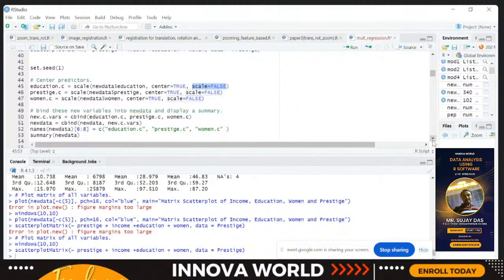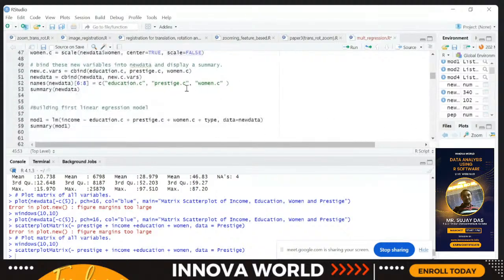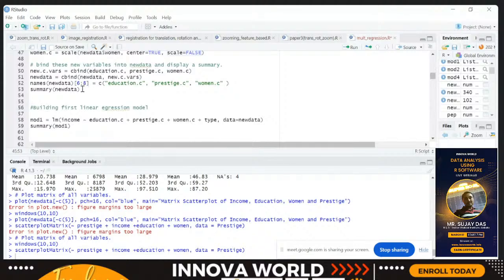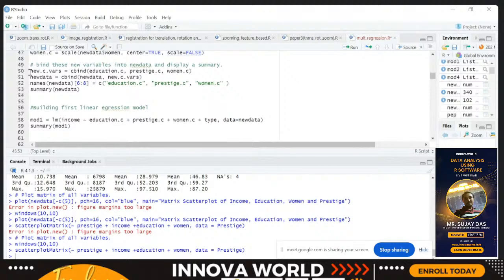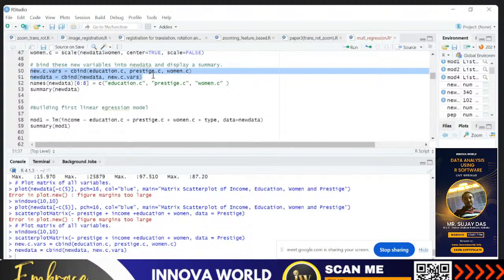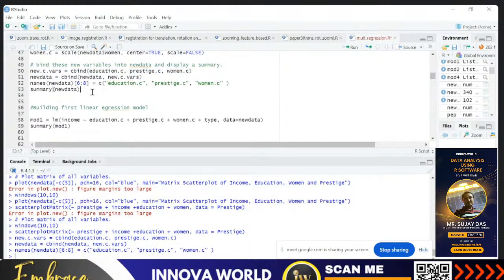Okay, so here also we have done something. We have bound these variables together and we have checked the summary, to see what the summary looks like after centralizing these variables.